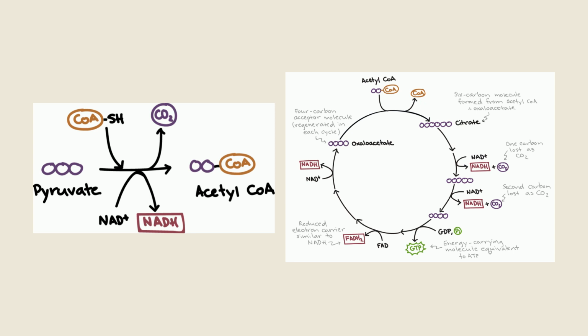So first, let us look at the six carbon atoms in the citric acid. One will be removed to produce carbon dioxide, which leaves us with a five carbon molecule. Again, another carbon will separate from the compound to form carbon dioxide, leaving us with a four carbon molecule.